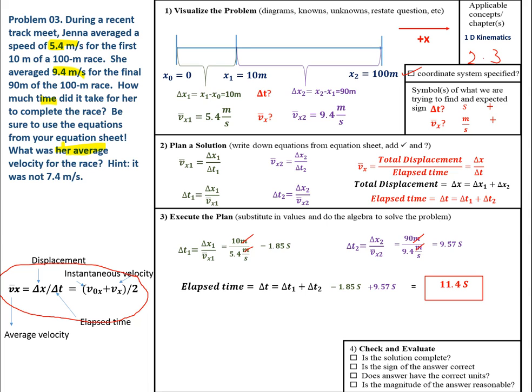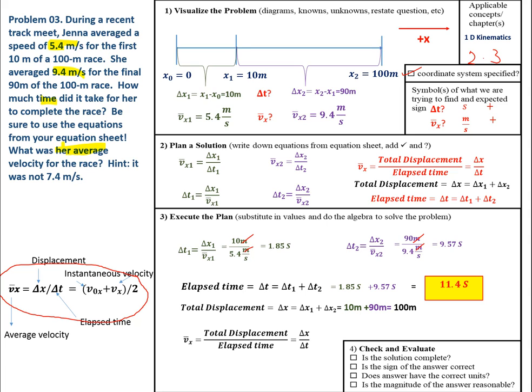Then the total displacement is the displacement for the first segment plus the displacement for the second segment, and you get 100 meters, or else you can simply take 100 meters minus 0 for the total displacement. Okay, and then the average velocity is total displacement over elapsed time.